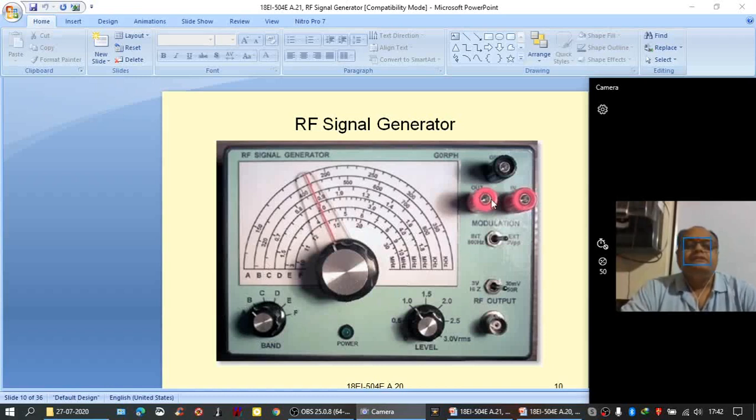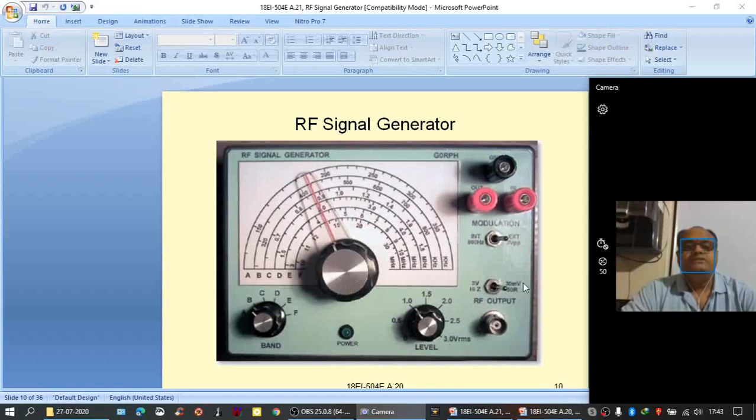Then another one, this is the calibrated attenuator. Now here is the switch for either 3 volts range or 30 millivolts range.